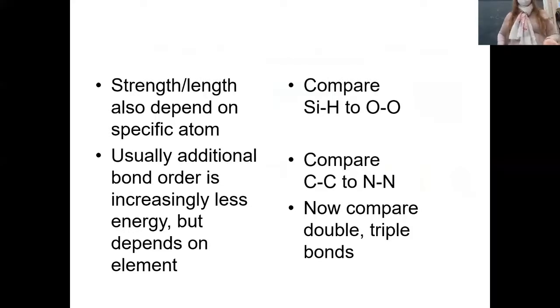Usually the additional bond order adds increasingly less energy, not less total energy, just the amount that we added. The total energy will always increase, just not by as much as the original bond. So usually it is a smaller value added, but this depends on the element. And nitrogen is our notable exception.